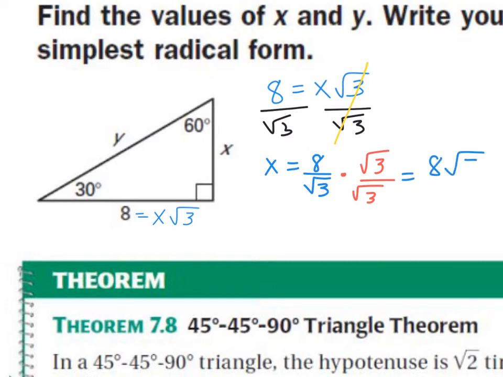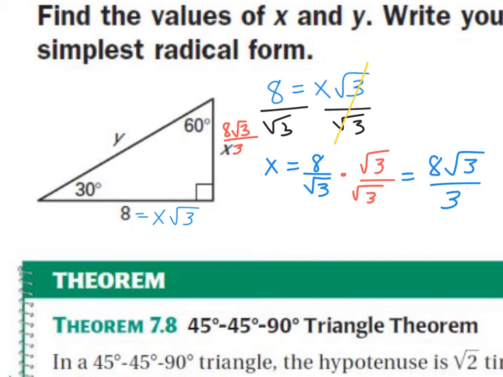What does it give me on the bottom of the fraction? 3, because it's square root of 9. And what's the square root of 9? 3. So those square roots cancel each other out. So this has been rationalized. That is your final answer for the side length. 8 root 3 over 3. So that's x.